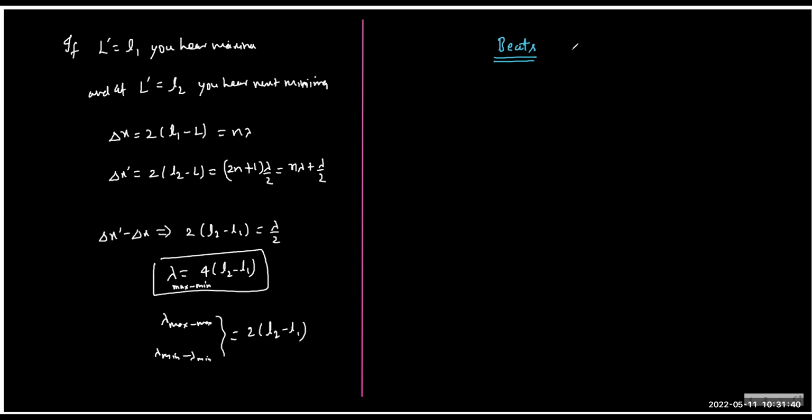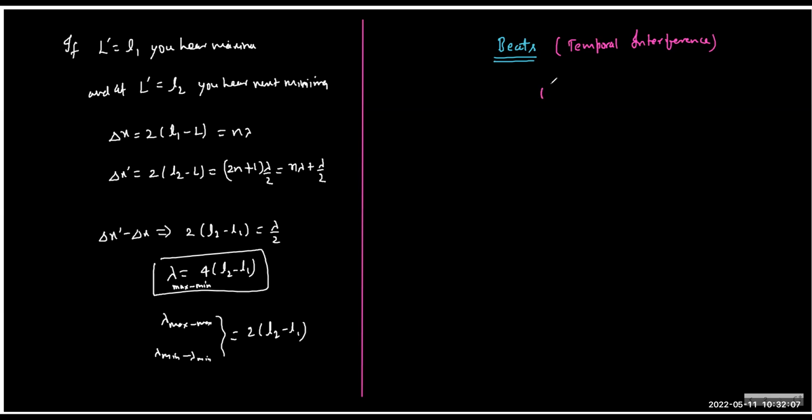You can also think of beats as a temporal interference. Now, the human ear can distinguish between two sound notes if the time of arrival of the two sound notes is more than or equal to 1 by 10 seconds.